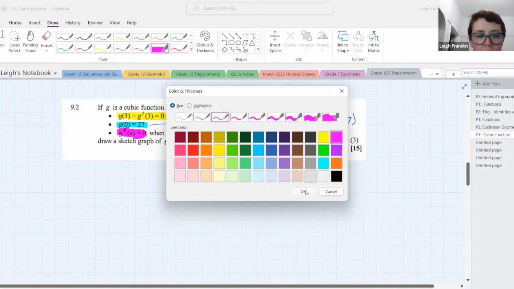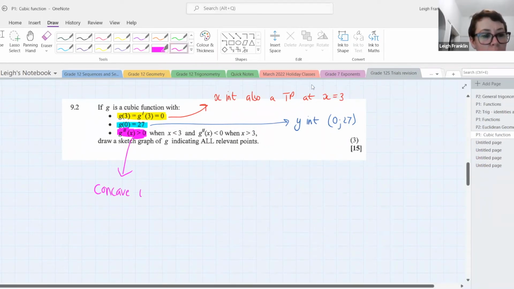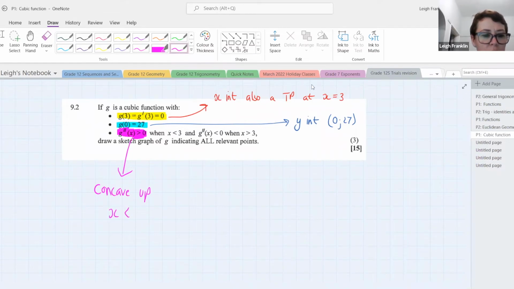What does g double prime x greater than 0 mean? Absolutely, concave up, quite right. Okay, so the graph is concave up when x is smaller than 3.